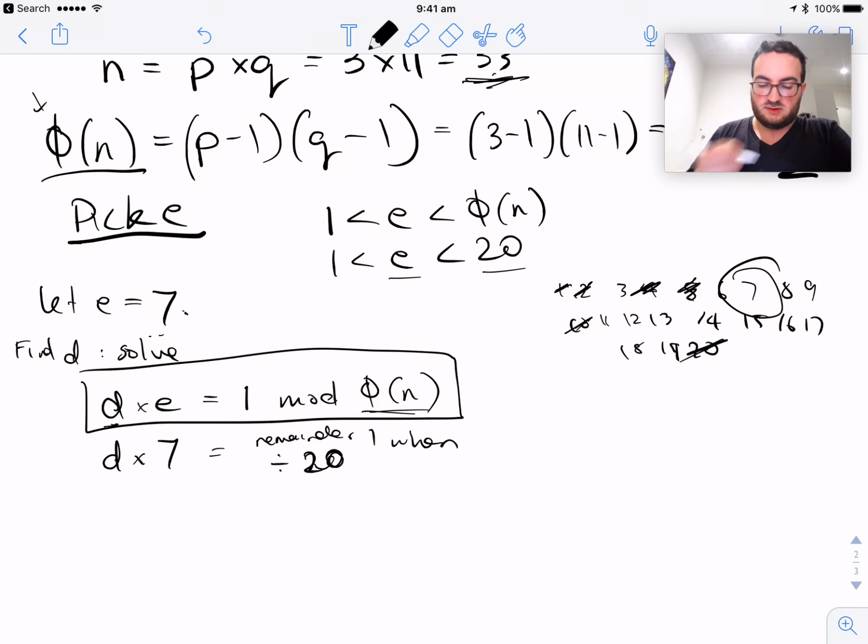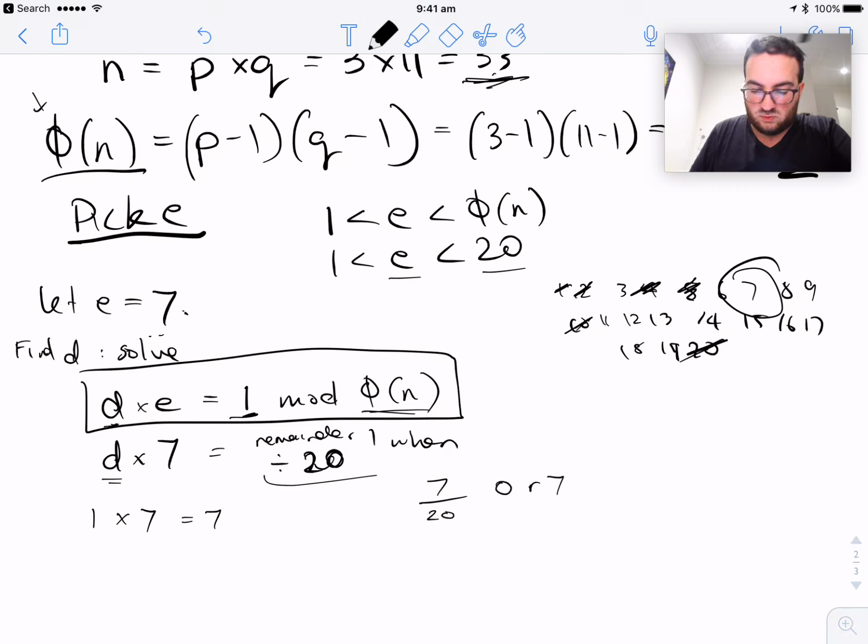Let's look at the case of 1, for example. 1 times 7 is 7. 7 divided by 20 is 0 with remainder 7. So that doesn't equal 1, so 1 is not an option.